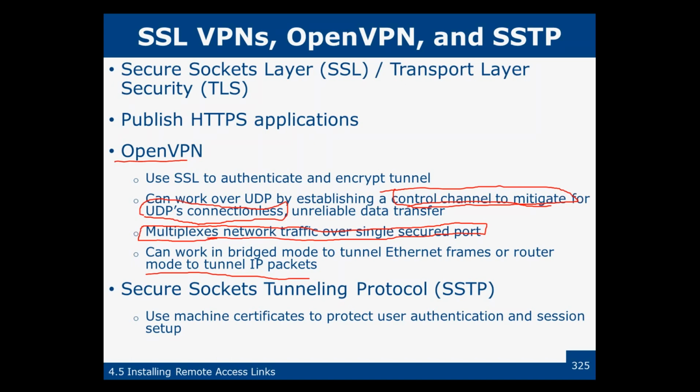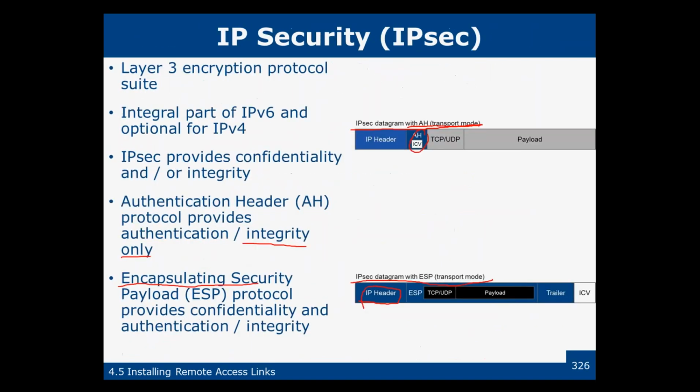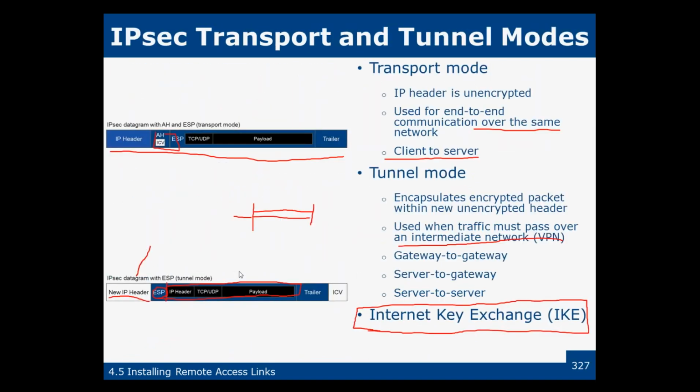What IPsec mode would you use for confidentiality in a private network? VPN? Yeah, VPN is what mode? What mode of a VPN? Take a look at your screen. Oh, IPsec?